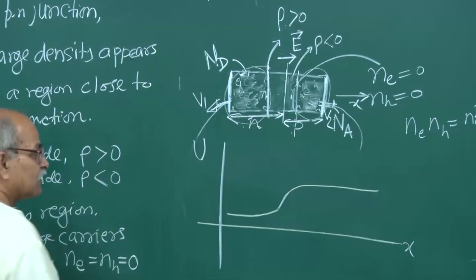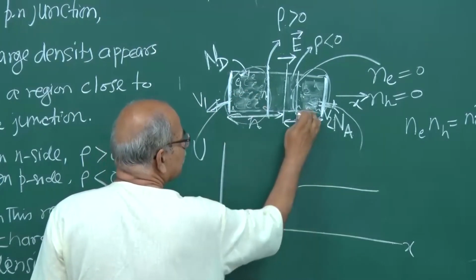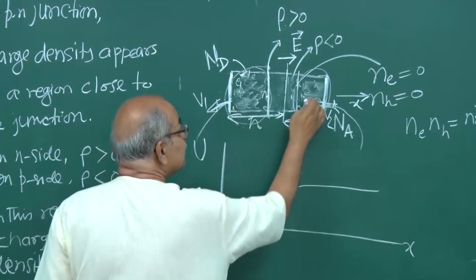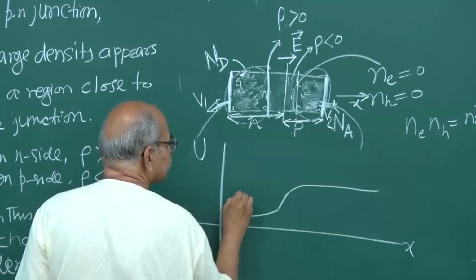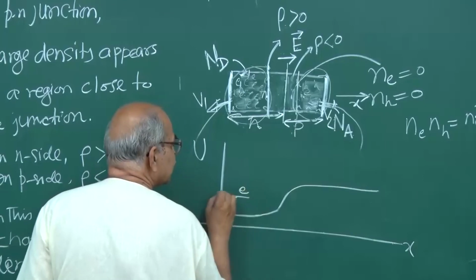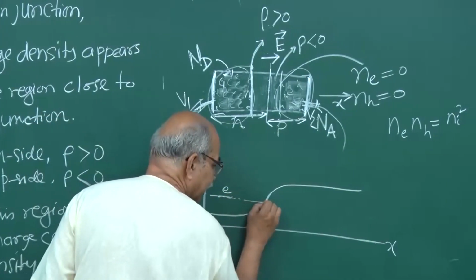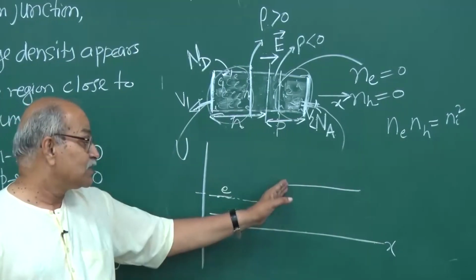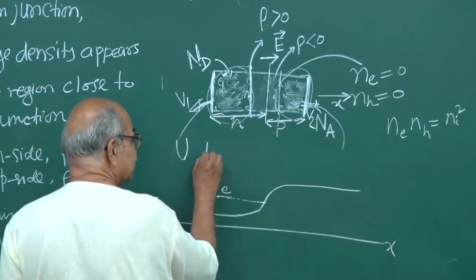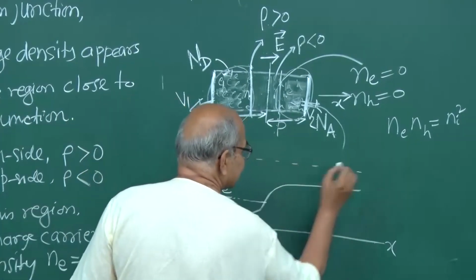So if electrons try to go from this negative side to that positive side, n type to p type, left to right, and if they have some energy, say this is the energy of the electron, then it finds that there is a barrier out here. If the electron has this much energy, then this electron can go into this region.